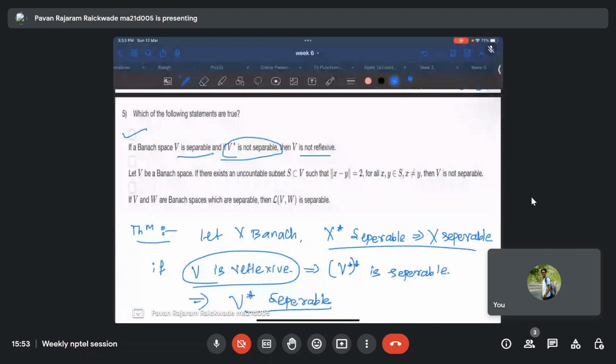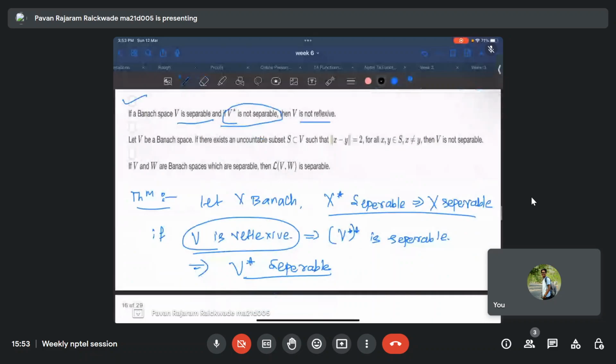Second one: the space L1 is separable, but L1 star, L infinity, is not separable. The theorem I said here is the converse part: if the dual is separable, then the space is separable. What example you gave is X separable, and X separable doesn't imply X star separable.